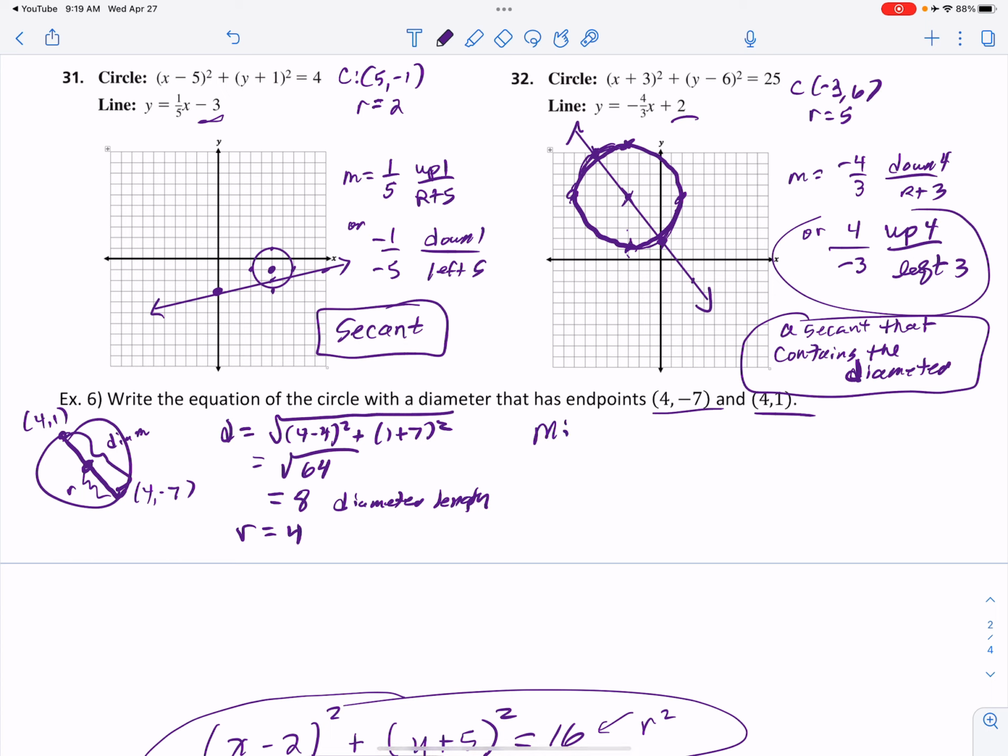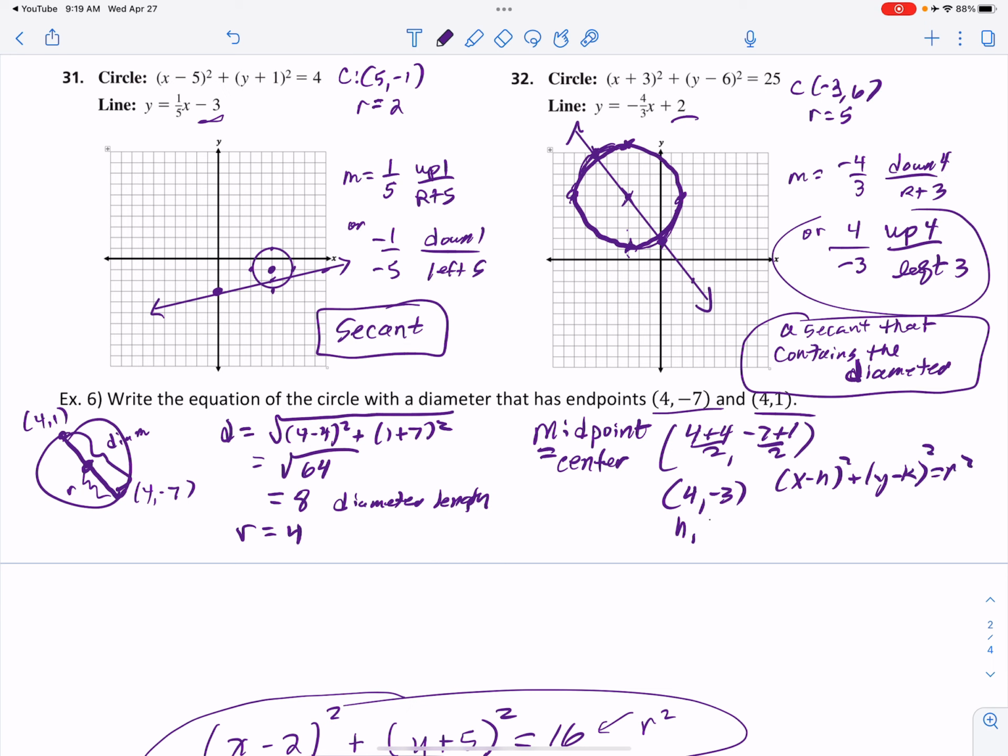And then the midpoint, that's why we did that in an earlier example, is that you average the x's. You add them up and divide by 2. You average the y's, add them up and divide by 2. And that center, the midpoint, is the center of the circle. So you get (4, -3). So your equation goes (x minus h) squared plus (y minus k) squared equals r squared.